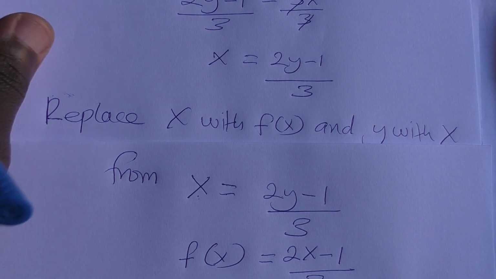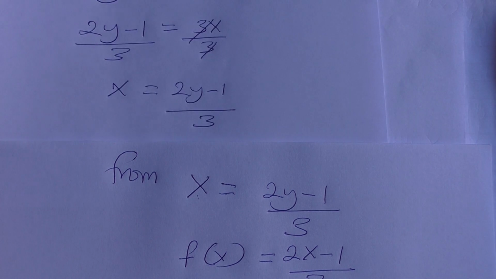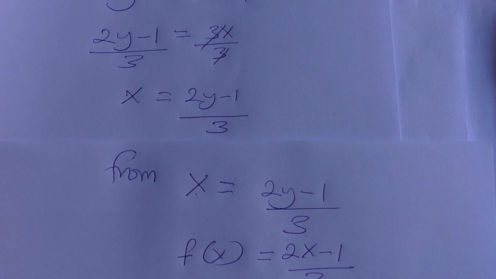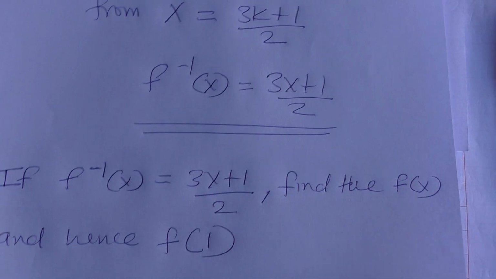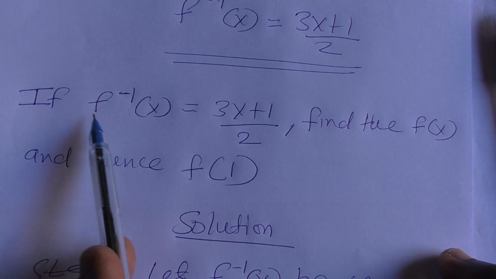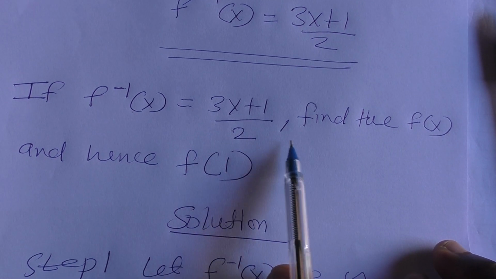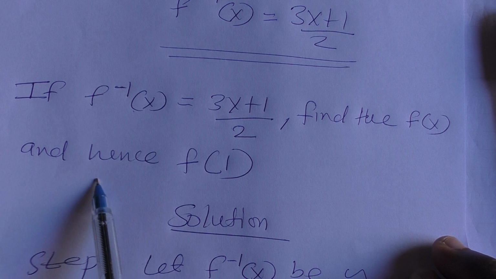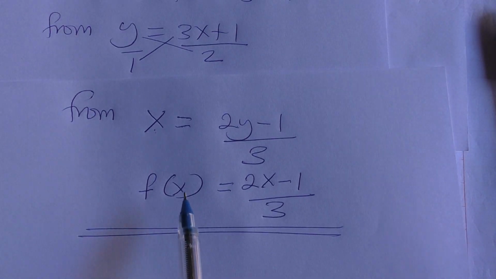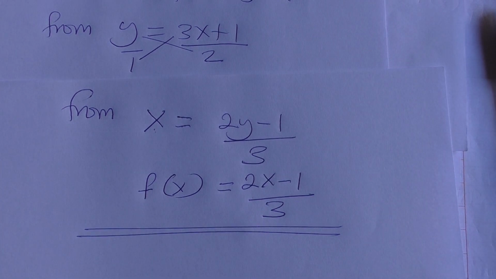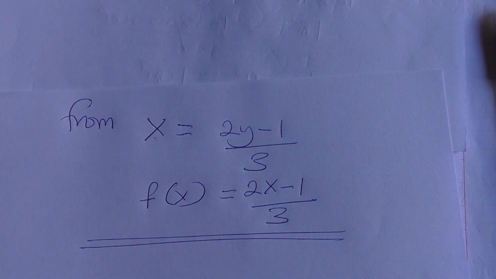After getting the function, remember our question was, it says that if the f inverse of x is this, they want us to find the f of x and hence f of 1. So we have got the f of x. Now let us look at how we can get the f of 1.